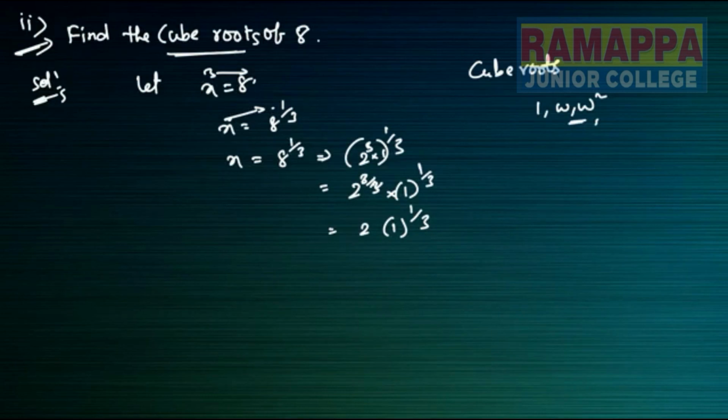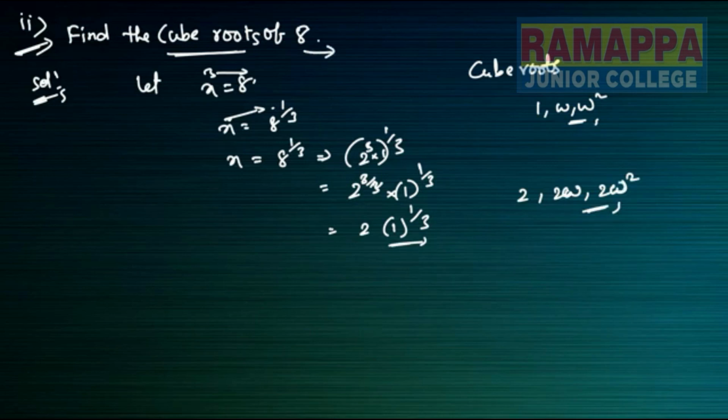Here the cube roots will come as 1, omega, omega square, and I will multiply with 2. So 2, 2 omega, 2 omega square are the cube roots of 8.